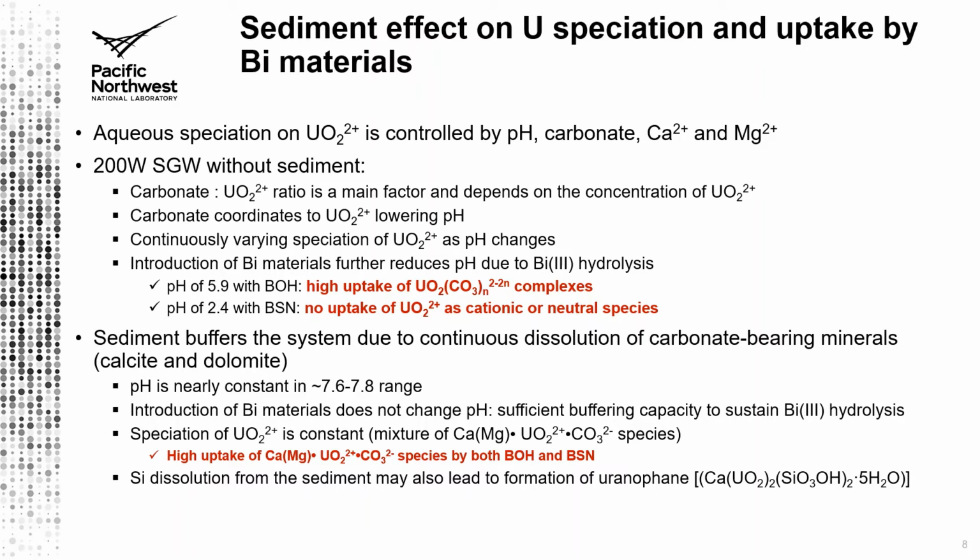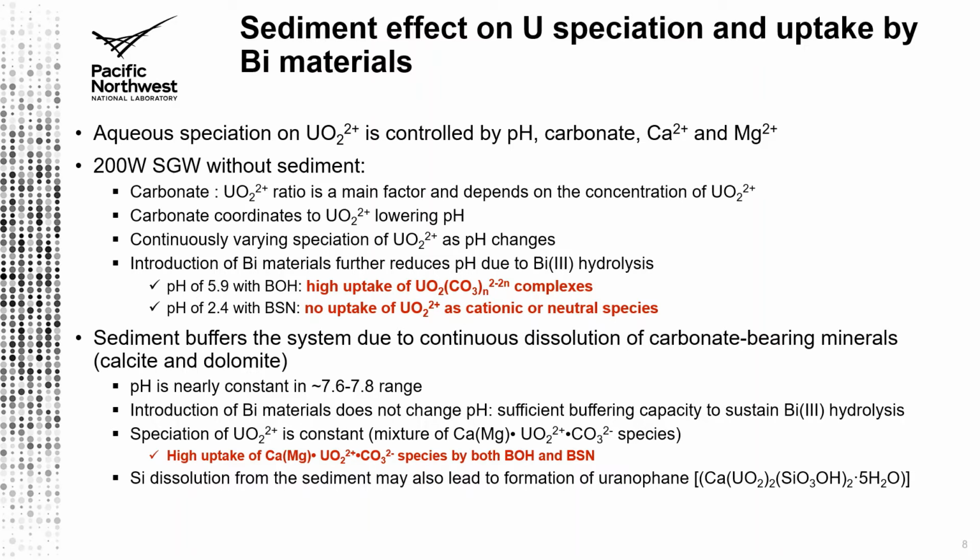When sediment is added to the system, the pH is buffered to around 7.6 or 7.8. Adding in the BOH or the BSN has little effect on the pH once the sediment is present, as the buffering capacity of the sediment is able to sustain the bismuth hydrolysis.